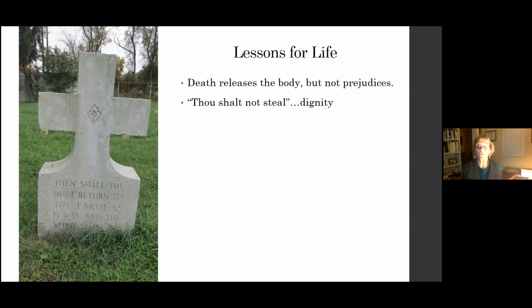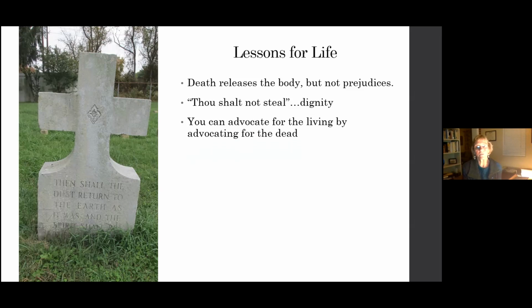And so when I think about those cemeteries and the condition that they were in, their dignity had been stolen. So providing some kind of recognition and some kind of flowers or upkeep does maybe a little something to restore their dignity.